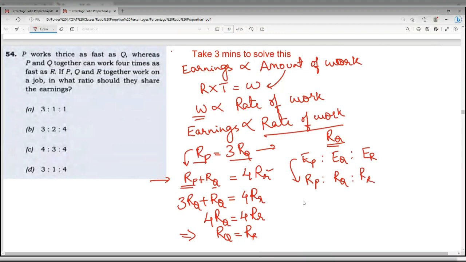And since we have brought everything in terms of RQ, RP is 3RQ, is to RQ, and rate of R is equal to RQ. So we can cancel RQ, and it would be 3:1:1. So the correct answer is option A.